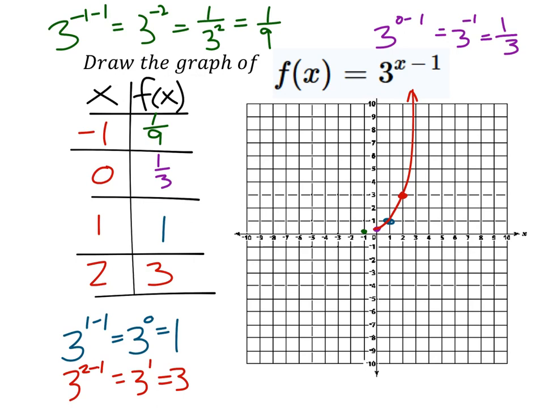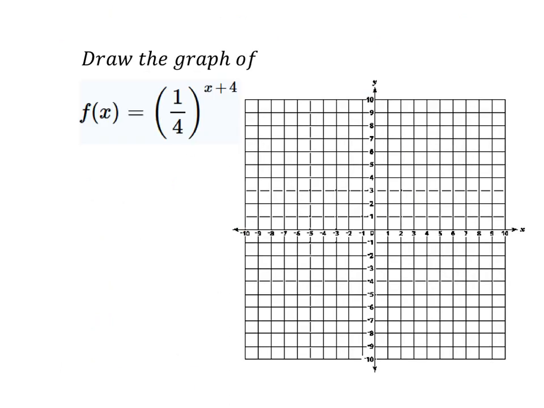So we draw this line, and this one, again, I'm not looking for super perfection, but that should be pretty nice. All right, now we got a fraction, 1/4 to the power of x plus 4, and I guess I never really thought about this, but you could rewrite this one as f of x equals, that's really 4 to the power of negative 1.